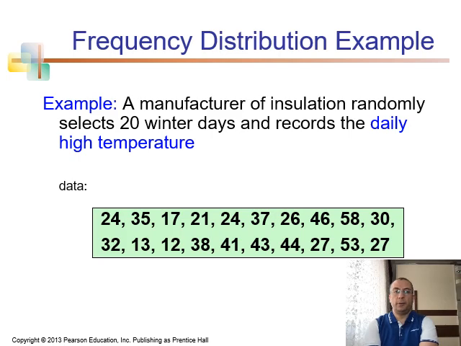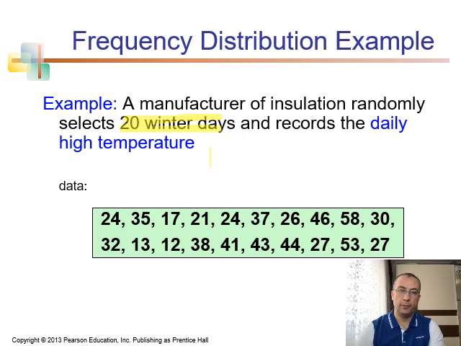So here's an example of frequency distribution. We have the daily high temperature for 20 winter days. That looks pretty high because the numbers are in Fahrenheit.